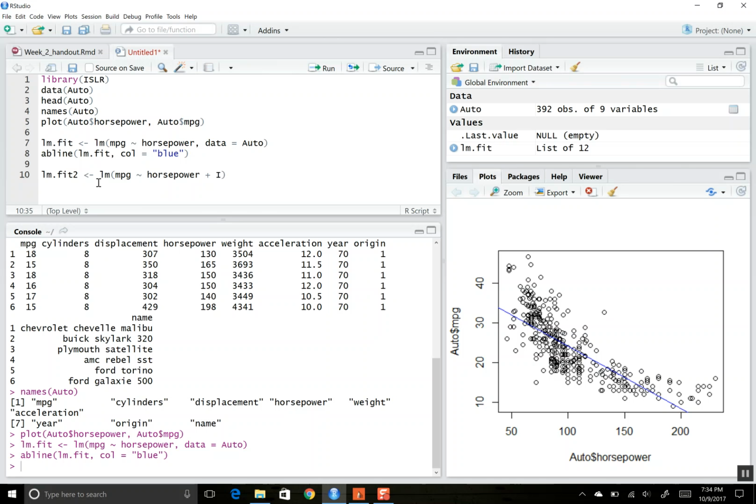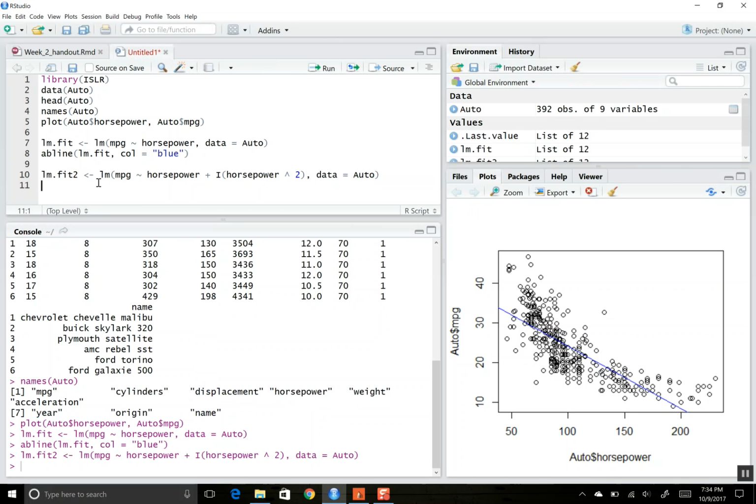Yeah, I horsepower squared. Okay, we'll do I horsepower squared, and data is equal to auto. Okay, and then I don't think I can. I forget how to plot the line there, but that would be another way.